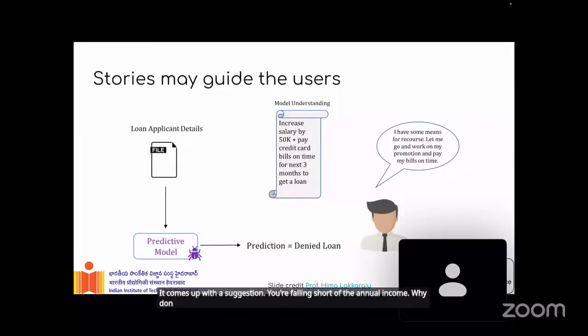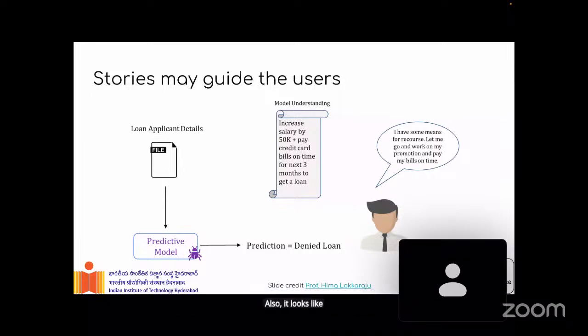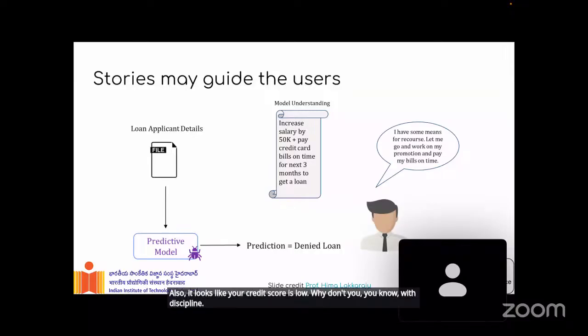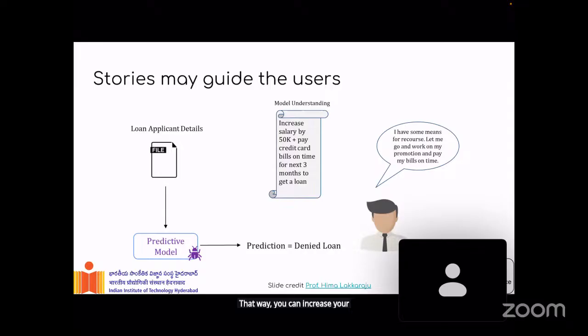Why don't you seek a rise in your salary, let's say by 50,000 or 1 lakh per annum? Also, it looks like your credit score is low. Why don't you, with discipline, pay your credit card bill for the next 6 months without missing the deadline? That way, you can increase your credit score. That way, you have a better chance of getting the loan.